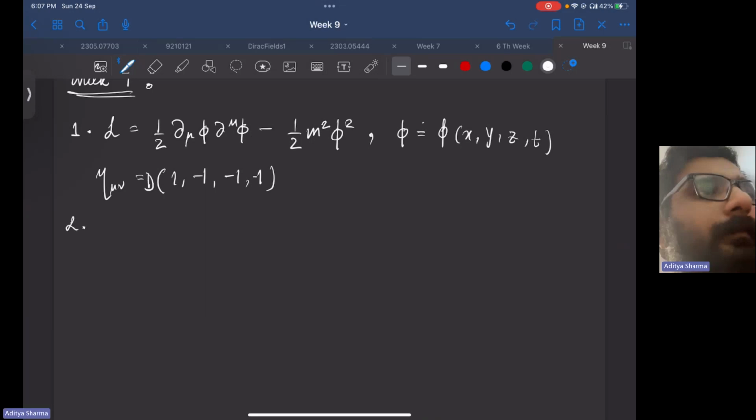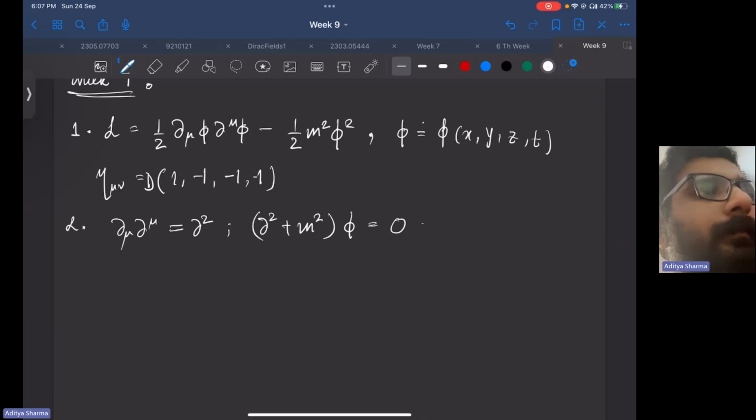So the first thing to do is find the equation of motion, and that is easy to find. You're going to get del mu del mu, which is written as del square. So what you're going to find is del square plus m square phi is equal to 0.